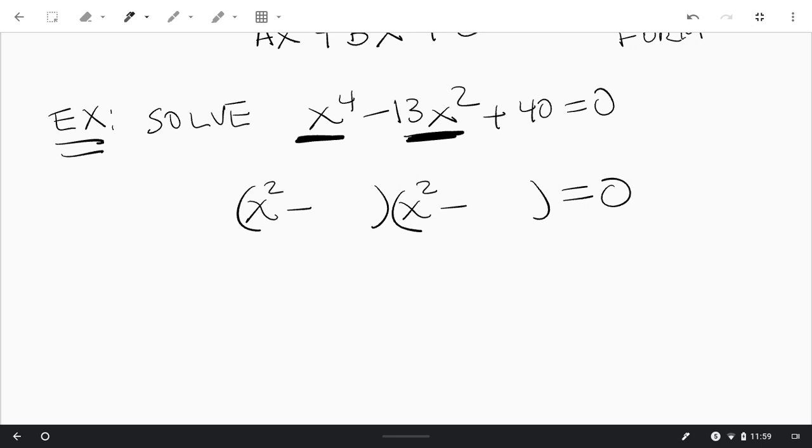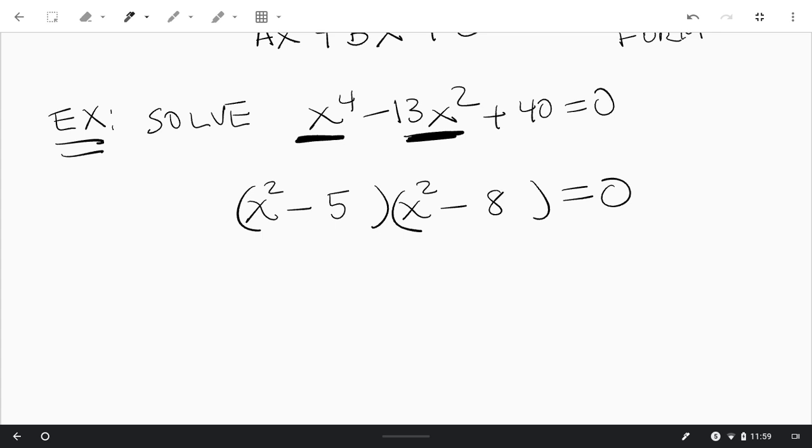Okay, and so the numbers that make 40, we can do 1 times 40, we can do 2 times 20, we can do 4 times 10, we can do 5 times 8. Aha! So 5 times 8 works, because then we get the negative 13 in the middle.